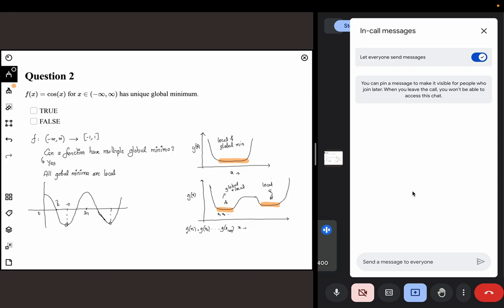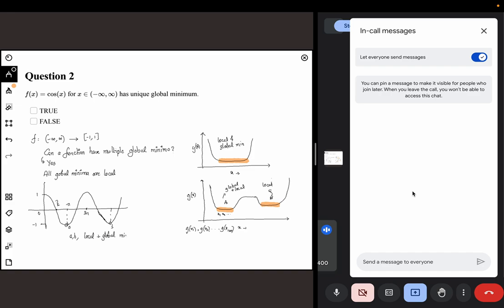All these points, wherever this becomes -1, are local minima, and since the value cannot be less than -1, all these points are also global minima. Whatever points I put, let's say A, B, they are both local as well as global minima, because over the entire domain the value cannot go below -1.